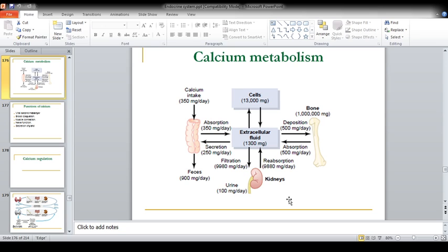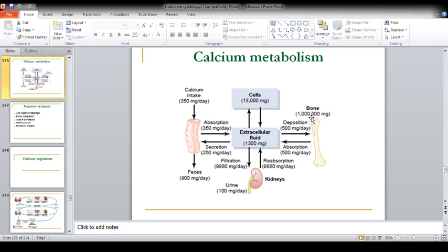From the extracellular fluid, this calcium may be transported to the cells where it is deposited, or may be deposited into the bones. About 500 milligram calcium per day is absorbed into the bones.